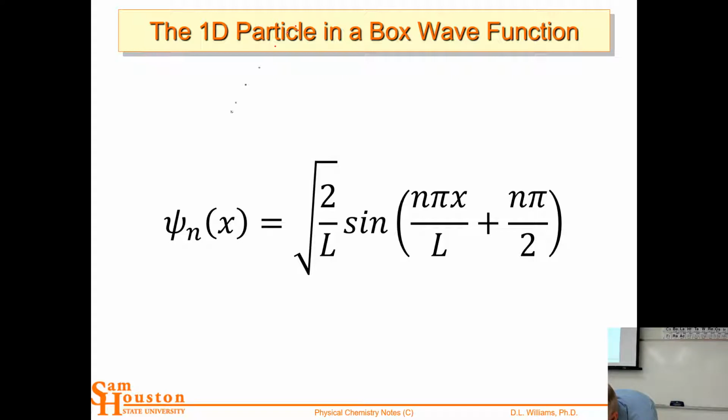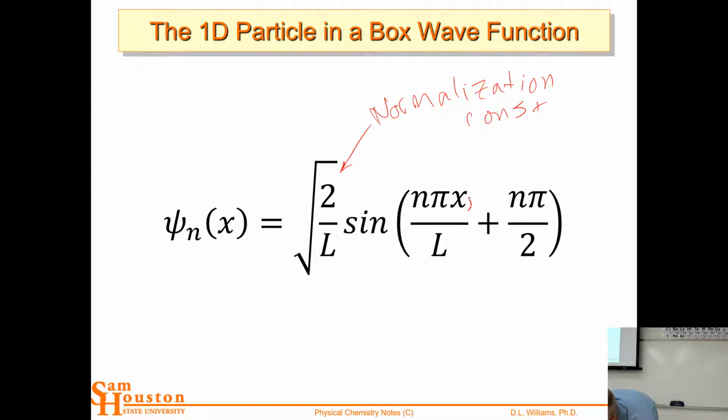So it has a normalization constant here. We'll discuss next time what that does for us. Or you'll learn about it in the lab today too. It's a sine function.